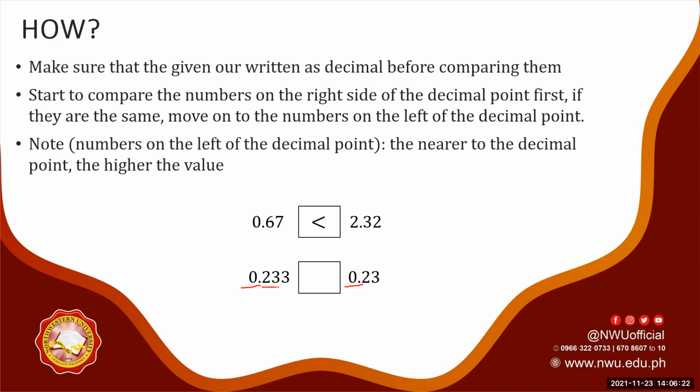And so that's the reason why you need to move dito sa kanilang decimal numbers. But first, make sure na pareho ang bilang. Since there are 3 here and there are only 2 here, add 0 para maging 3. Now, you can compare them since parehas sila.